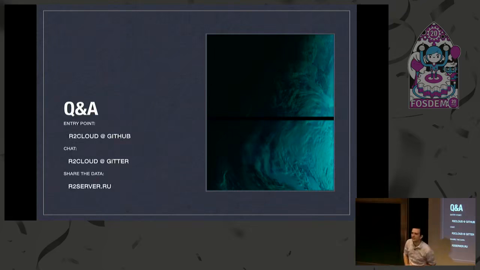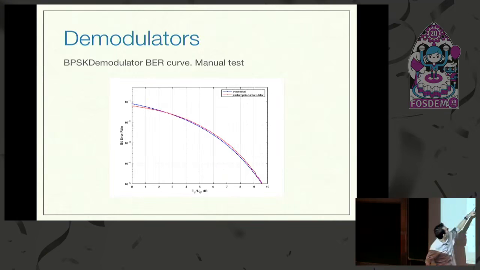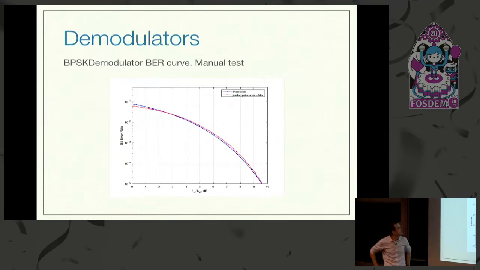If you could go back to the bit error rate slide, you mentioned that you needed a better demodulator? Yes. But you're actually better than the theoretical max. My demodulator is the red one, for Eb/N0 equals 1, I think. That's the classical BER approximation for BPSK.